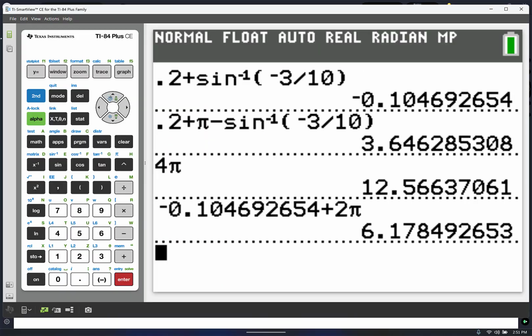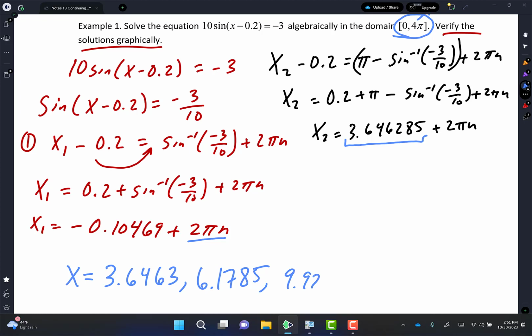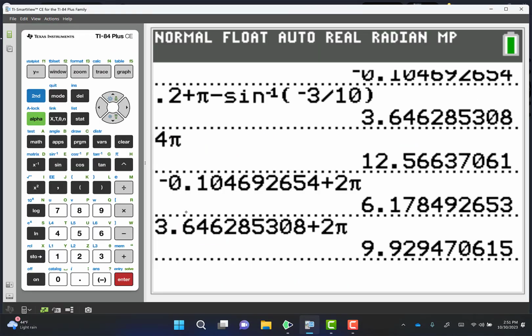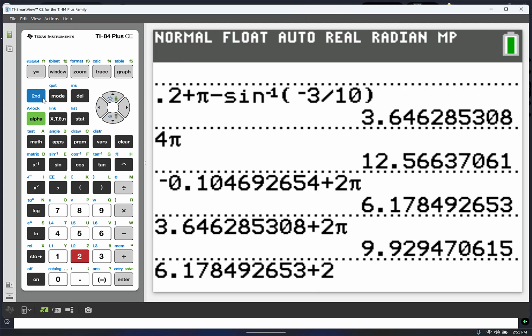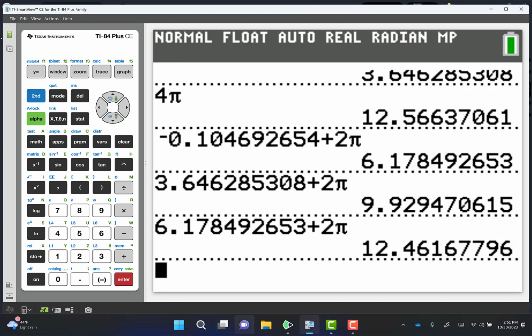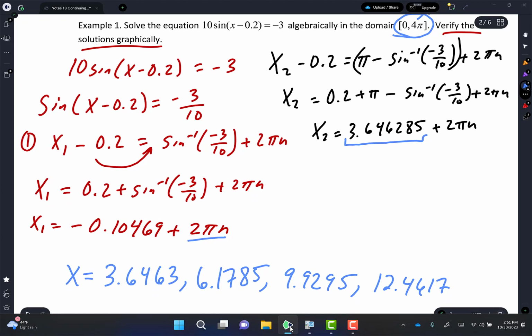I scroll up, push enter, plus 2 pi. Still good: 9.9295. Now I take the 6.1785 and I add 2 pi, and I think that one's barely in: 12.4617. And that's it. If you take the 9.9295 and add 2 pi, you'll be outside of your domain.